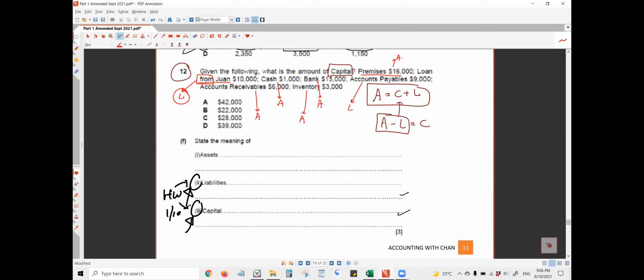Take all the assets minus all the liabilities, then you can get the right answer. I give you 20 seconds. If you want to change your answer, let me know. Jason, what is your answer, based on what I have mentioned?